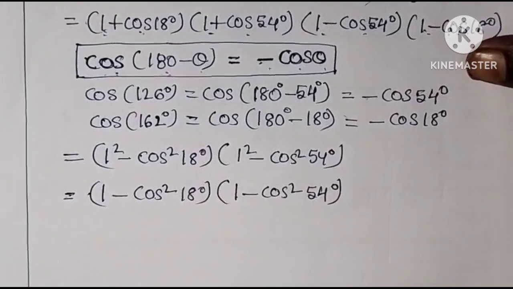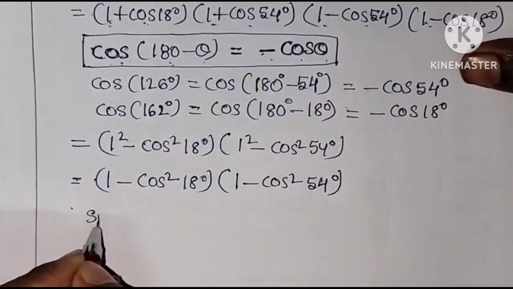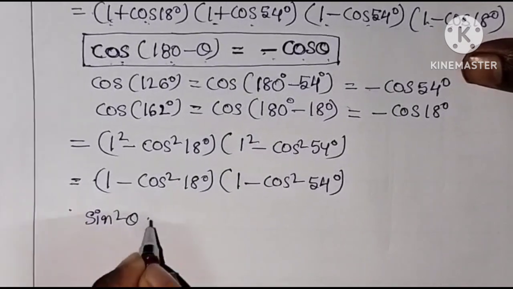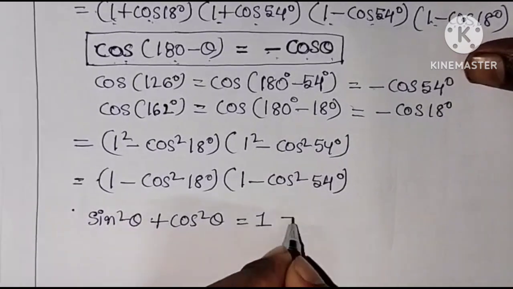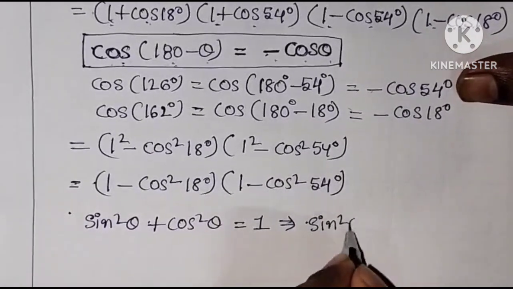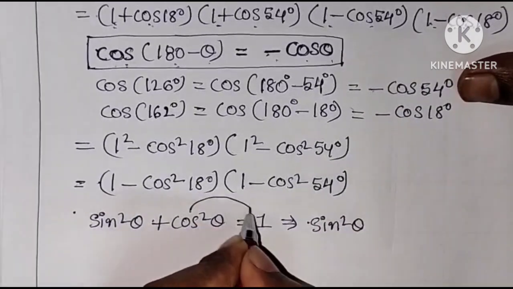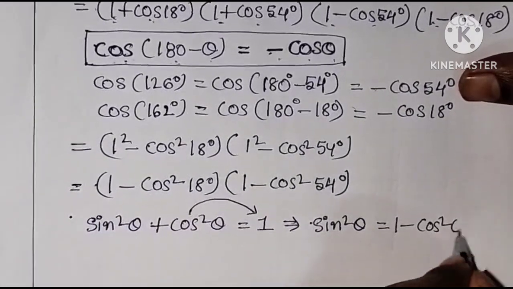Now let us apply one identity, the most famous identity in trigonometry: sine square theta plus cos square theta is equal to 1. Now I want sine square theta. Transposing cos square theta to the RHS, you will get 1 minus cos square theta.